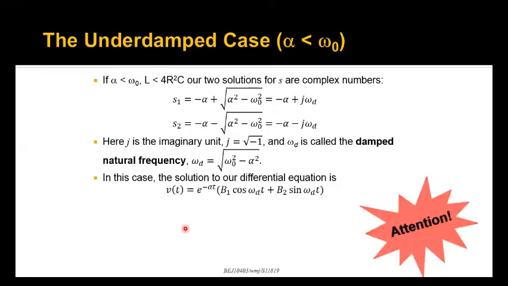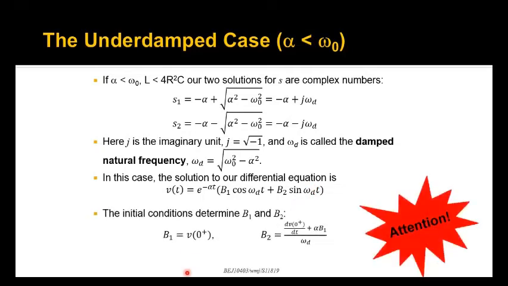And now your solution for the differential equation becomes e^(minus alpha t) times (B1 cos omega d t plus B2 sin omega d t). Again, you will need to solve your B1 and B2 using the initial conditions v(0+) and dv(0+)/dt.